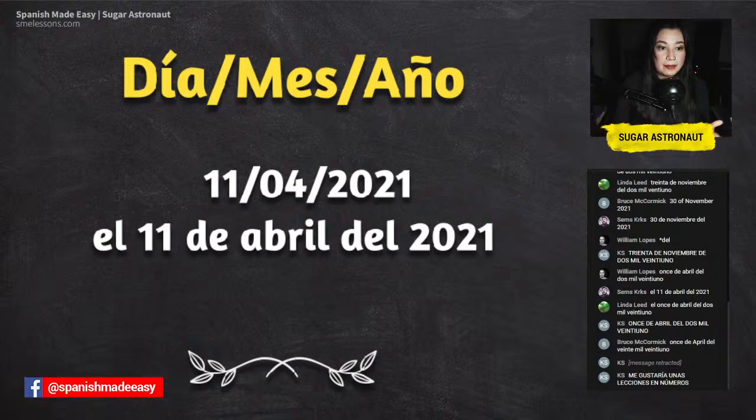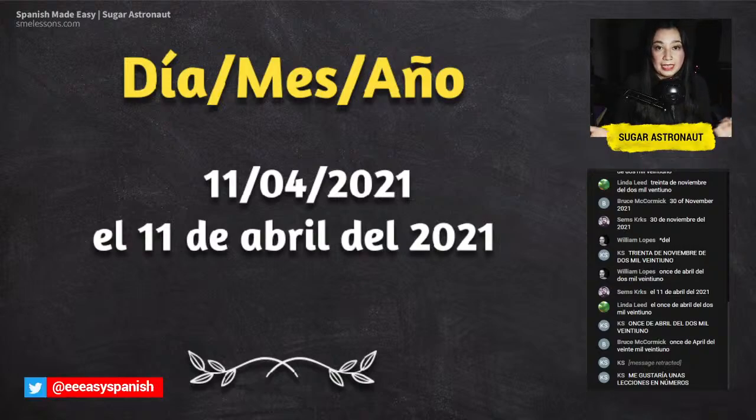But yeah, remember, día, mes y año. Día, mes y año. And it's not a big deal. I mean, in English, it's a bit different because you have month, day, and then the year. But if you switch just día and mes, or the day and the month, that's like an easy switch.